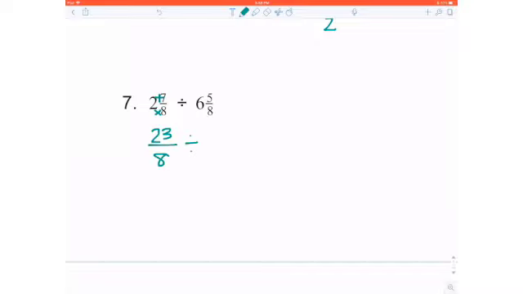Divided by 8 times 6 is 48, plus 5 is 53 over 8. Now remember, when we're dividing with fractions, we actually take the second fraction and we flip it, and we multiply the two fractions.